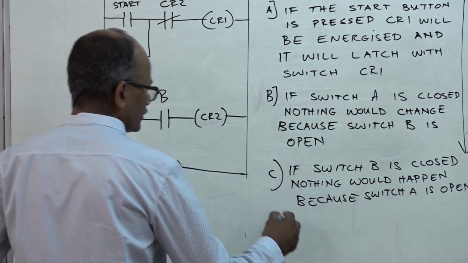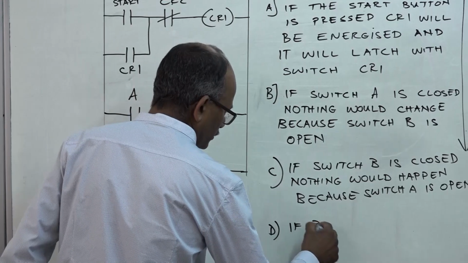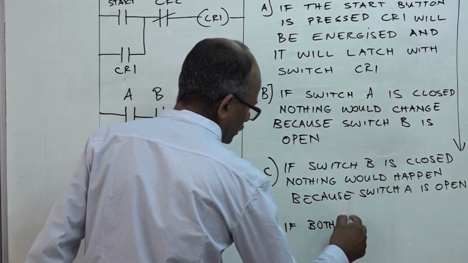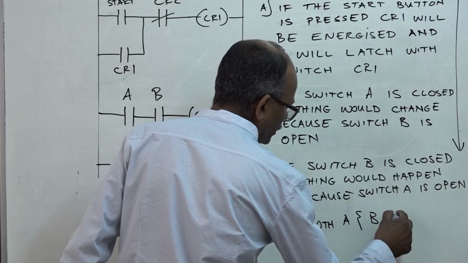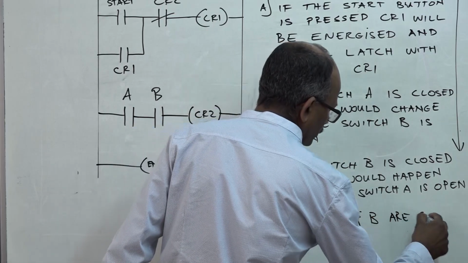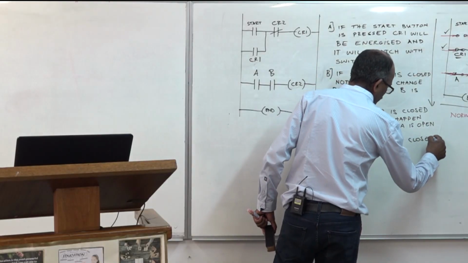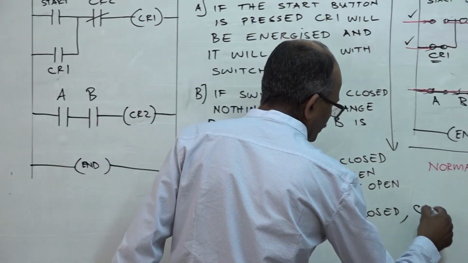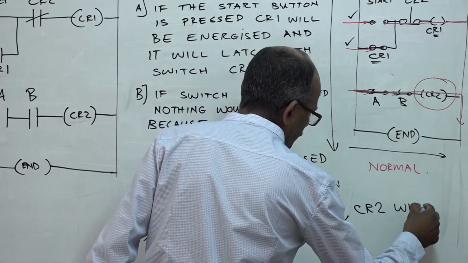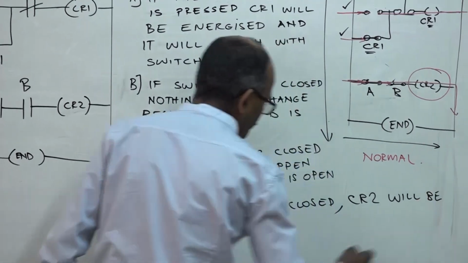So stated, if both A and B are closed, comma, CR2 will be energized.